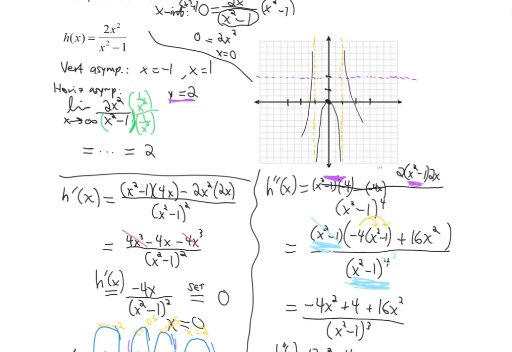So let's adjust just these parts of the graph, and then we'll be done. So if I use the fact that I have these horizontal asymptotes and that this function has to be above the x-axis, then I'm in good shape.